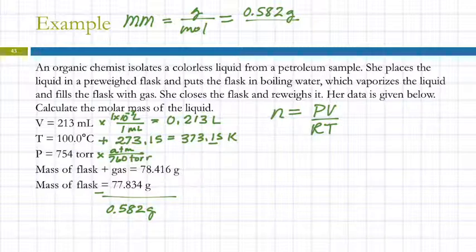Remember, torr and millimeters of mercury are different names for exactly the same unit. So this is 0.99210 atmospheres. So I'm going to take these values now with their correct units and plug them into my equation.